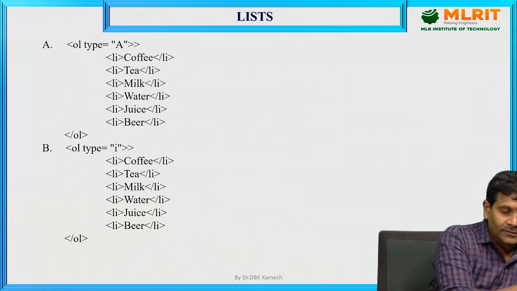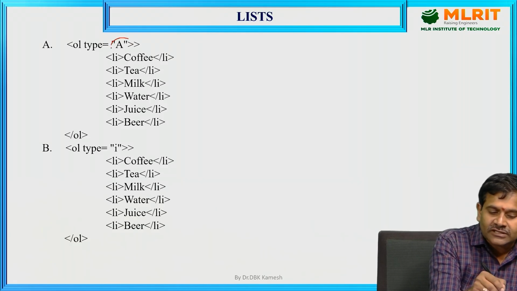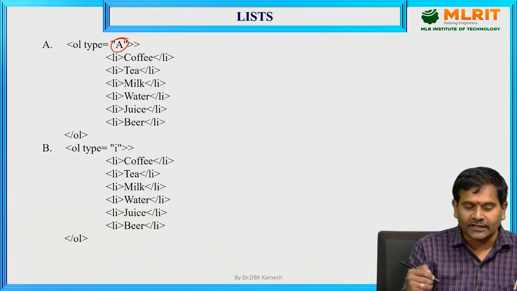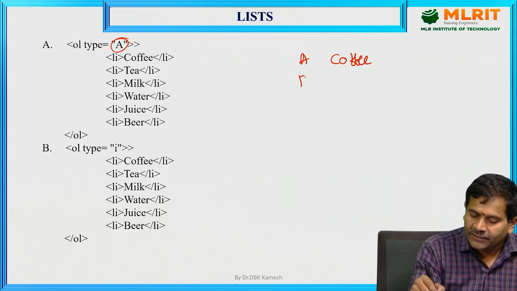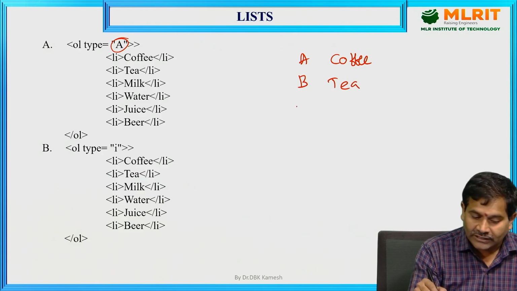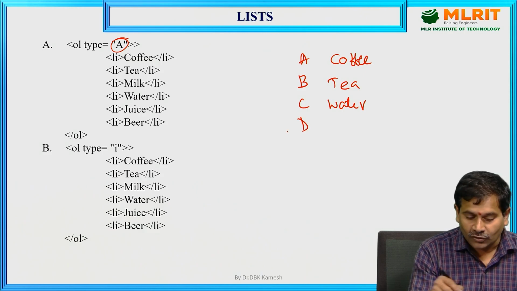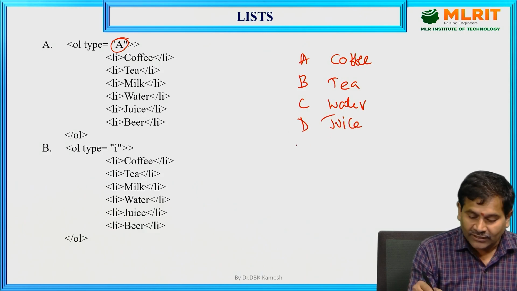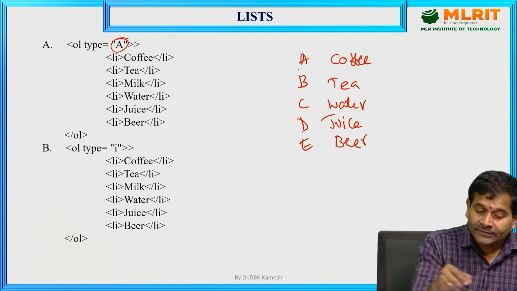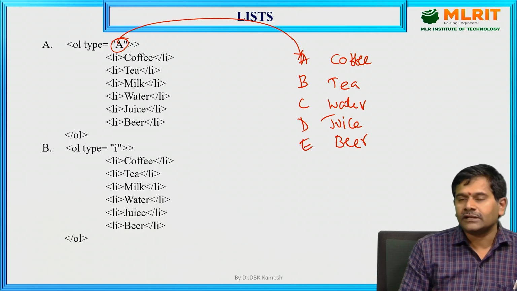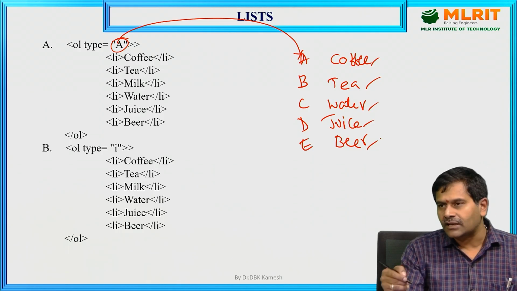Then how to write it? Using an example, OL type is equal to capital A. So we have set capital A now. Capital A, coffee; capital B, followed by tea; capital C, followed by water; capital D, followed by juice; capital E, followed by beer. Why is it like this? You have mentioned the type as capital A, so coffee, tea, water, juice, beer are the list items.